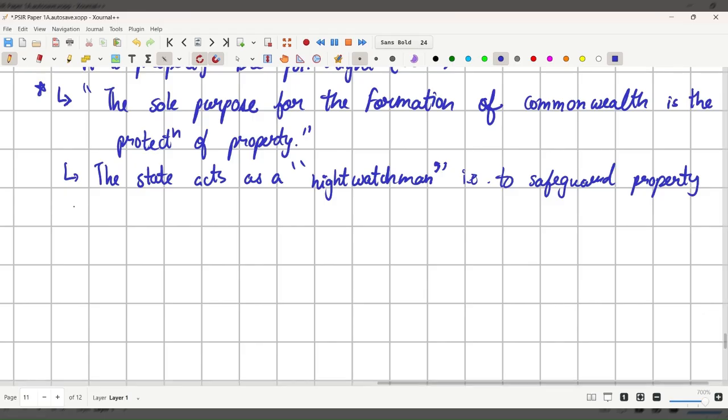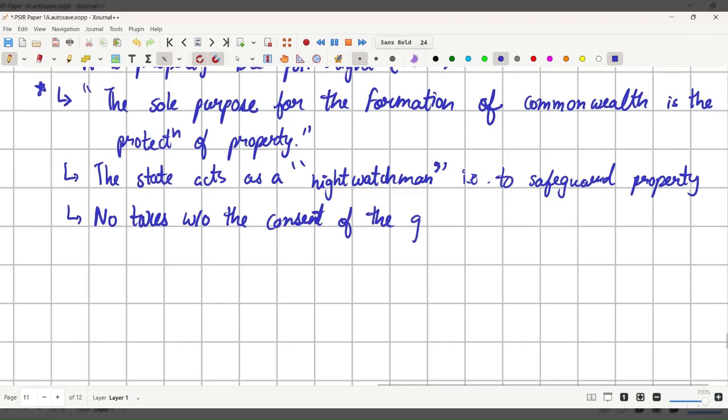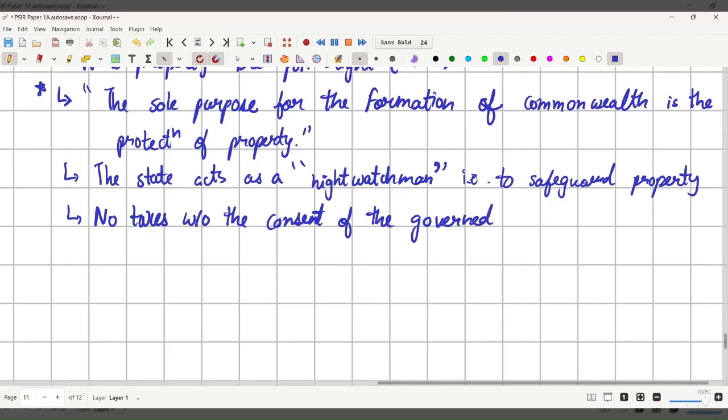So no taxes without the consent of the governed. Basically, it subverts the ends of the government.